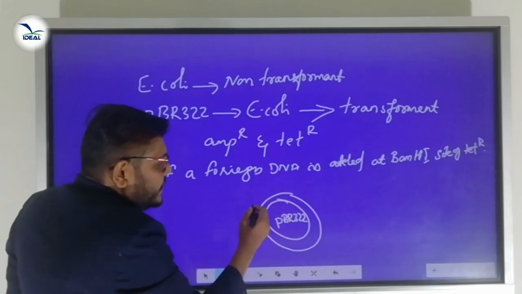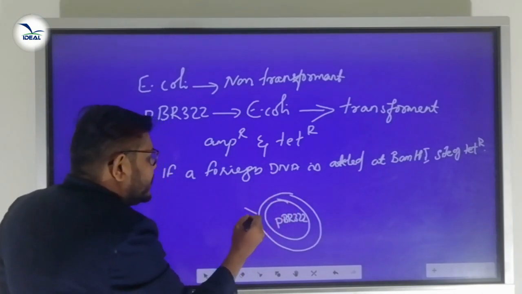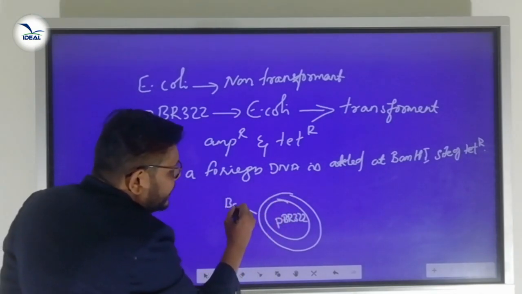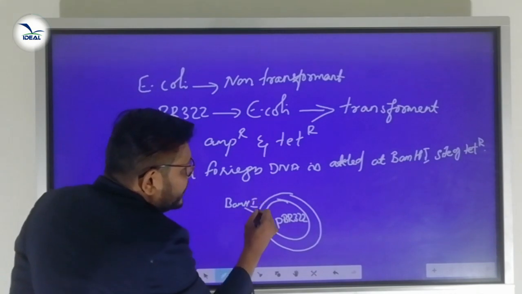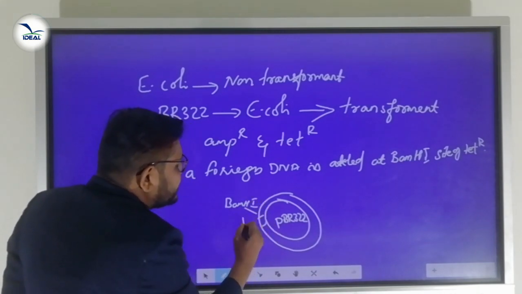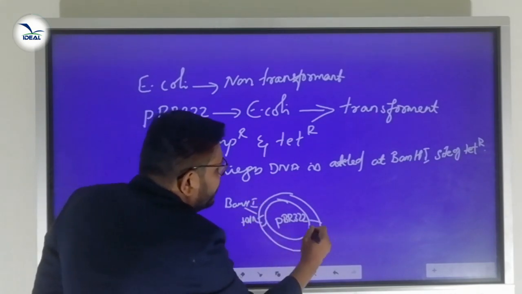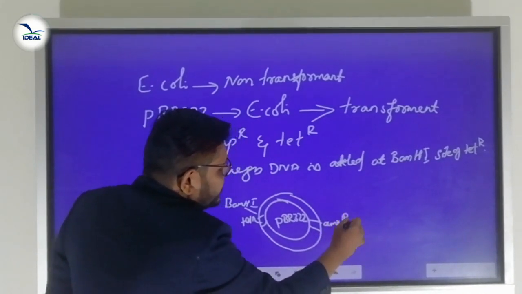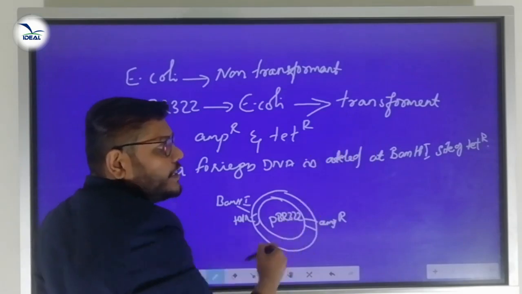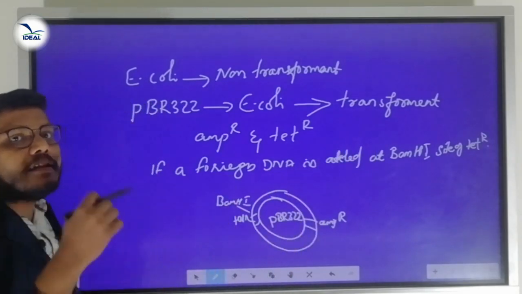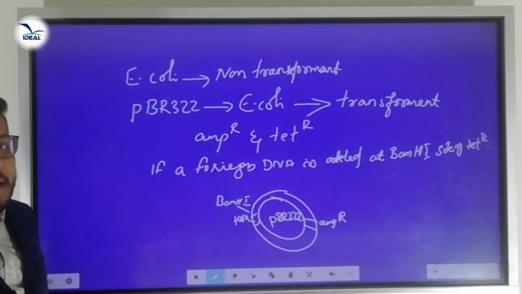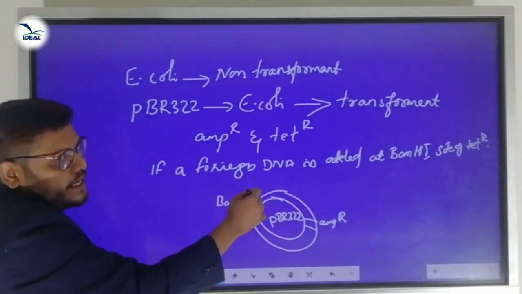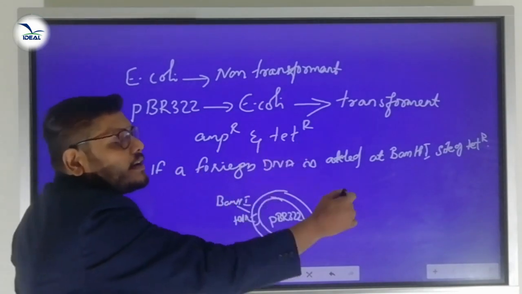The foreign DNA is added at the BamHI site, this is the BamHI site, of the tetracycline resistance gene. So here, which resistance gene is present? The ampicillin resistance gene is present. A foreign DNA is added at the BamHI site of tetracycline resistance. What will happen? That foreign DNA loses the tetracycline resistance.